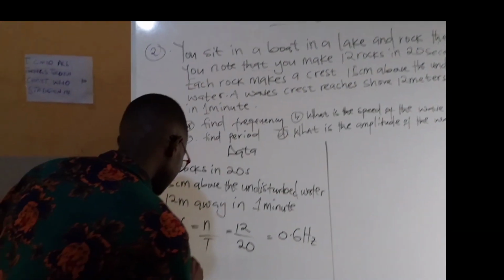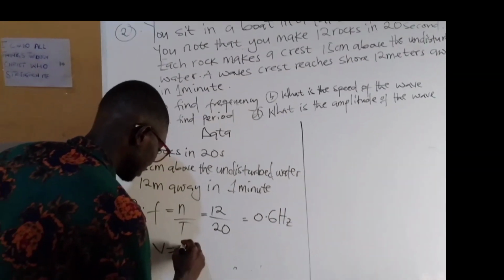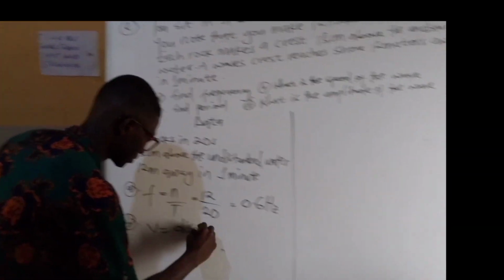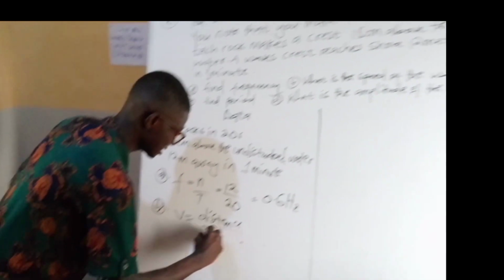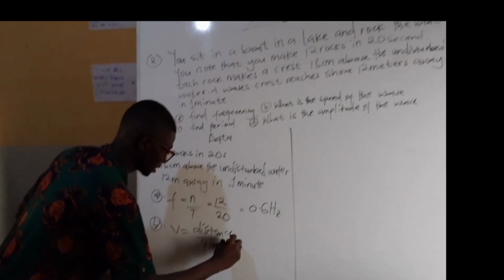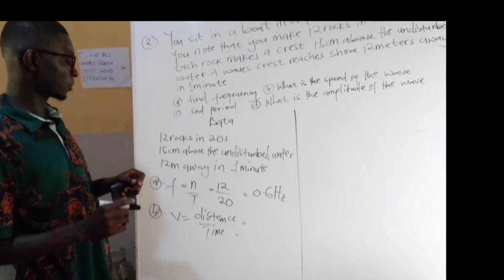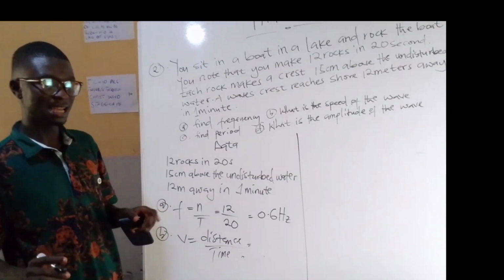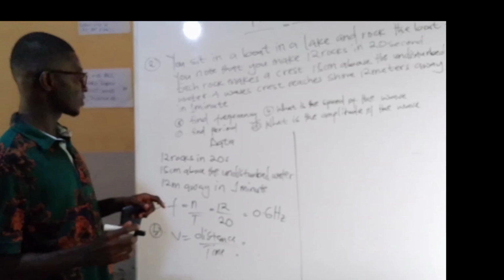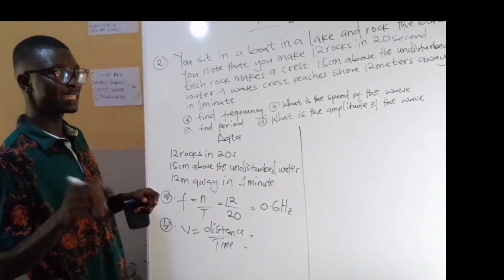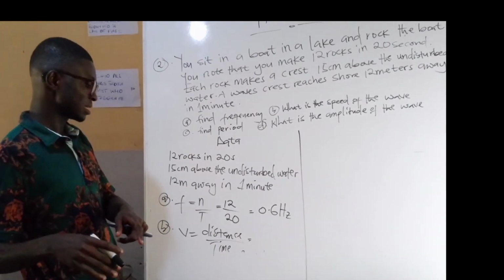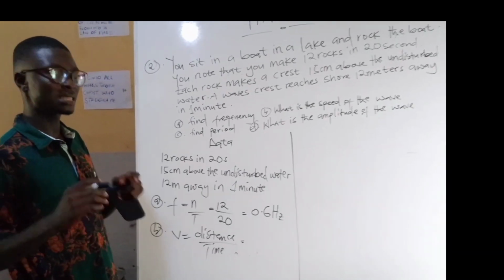Now, velocity is equal to distance per unit time. Now, the distance is given in meters, which is the SI unit for distance. Now, the time is given in what? Minutes. So we need to change from minutes to seconds, because the SI unit of time is seconds.